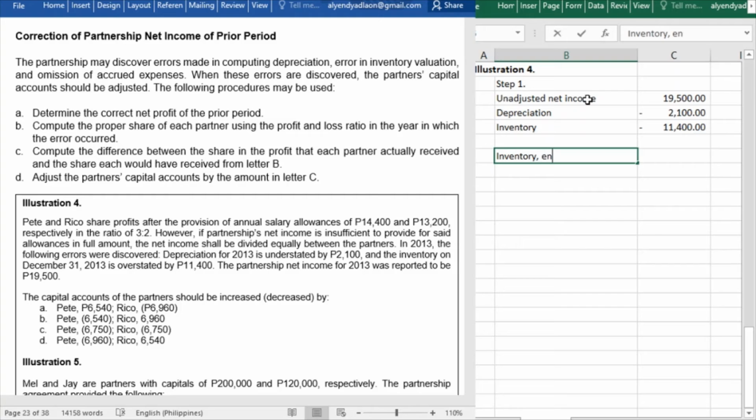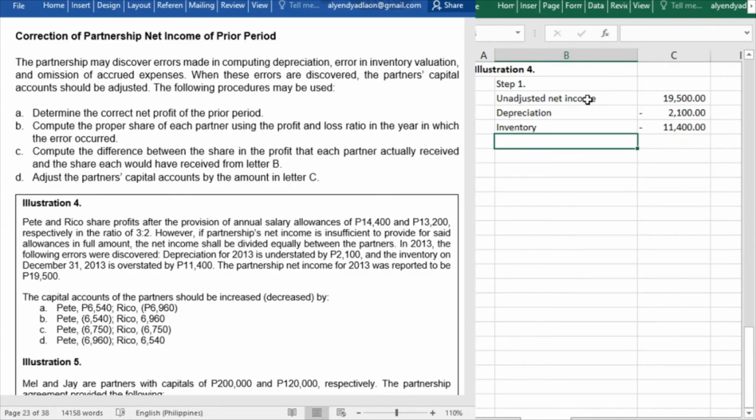Accordingly, the ending inventory, or the December 31 inventory, was overstated. If the ending inventory is overstated, what will happen to the cost of goods sold? That will be understated. And if the cost of goods sold is understated, then what will happen to the net income? The net income will be overstated. Since the net income was overstated, we have to deduct the inventory. Okay? Now, that is for the adjustments.